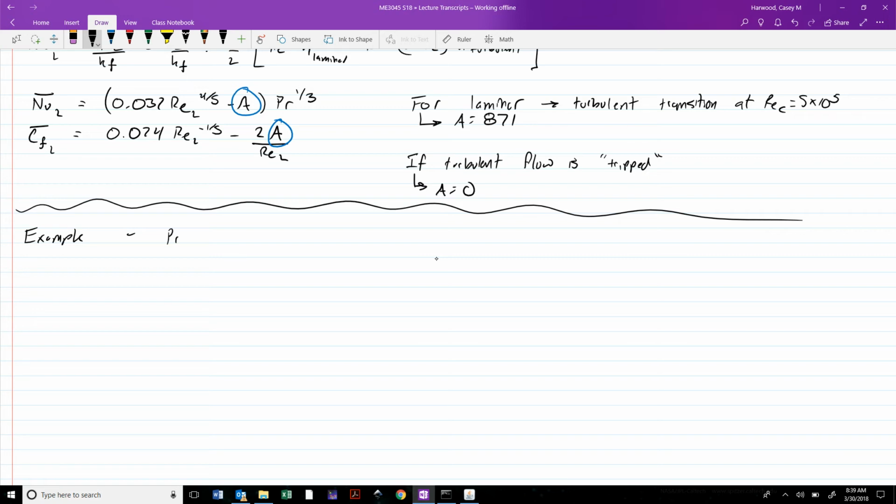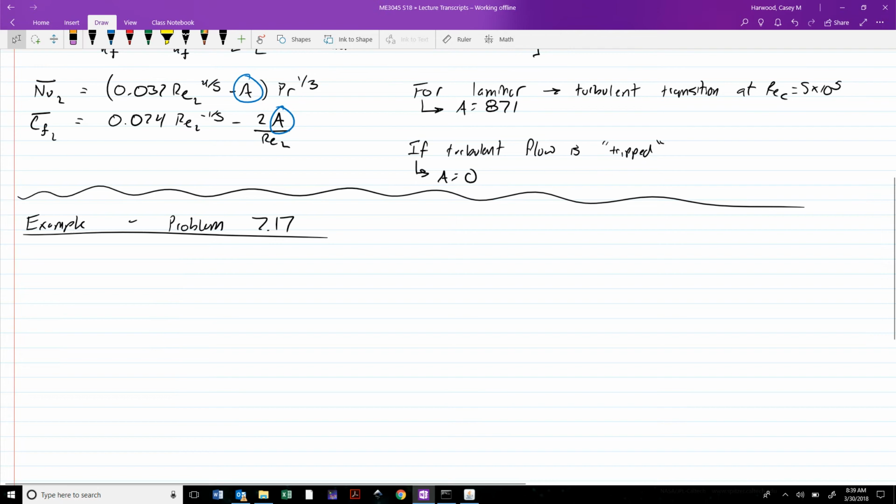So this is problem 7.17 from the back of Chapter 7. The way this problem is stated is, assume that we've got some sort of box, like a cool compartment, maybe an ice chest, for example, that has a lid made up of 2 sections.